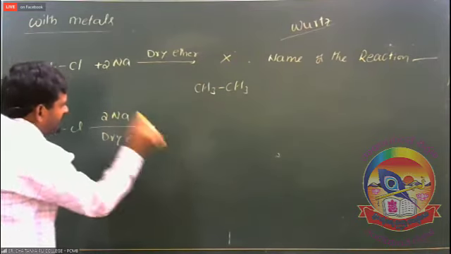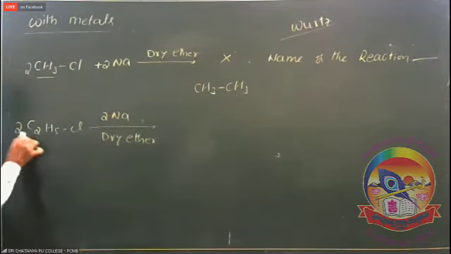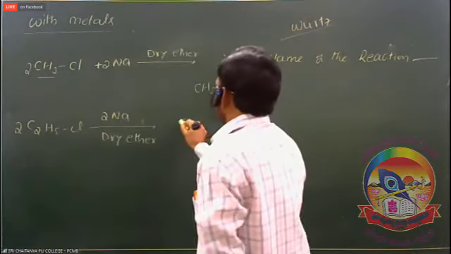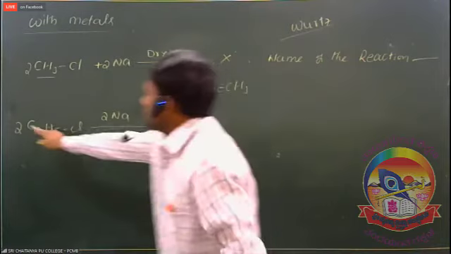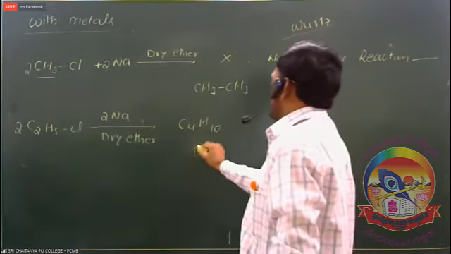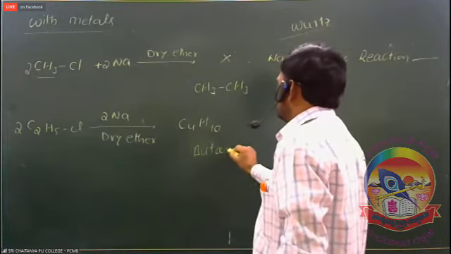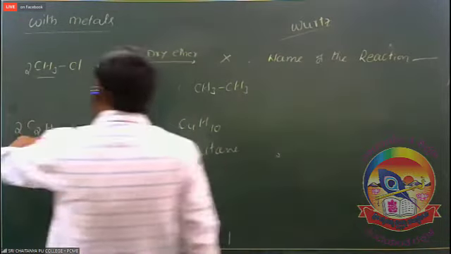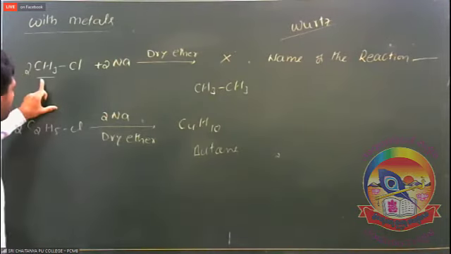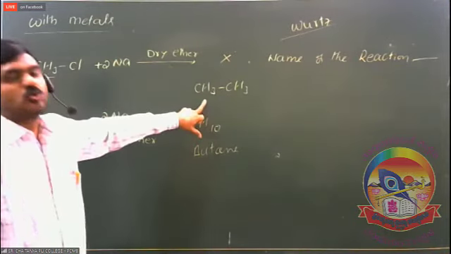Next one. Suppose ethyl chloride, C2H5Cl, is treated with sodium metal in the presence of dry ether. Here the product formed is A. In this reaction, 2 moles of ethyl chloride react with sodium metal, so it forms C4H10, which is butane. If the reactant has 2 carbons, the product contains 4 carbons. If the reactant has 1 carbon, the product has 2 carbons.